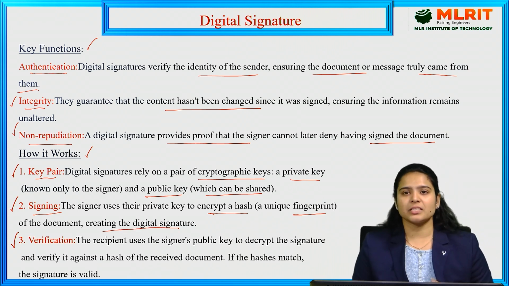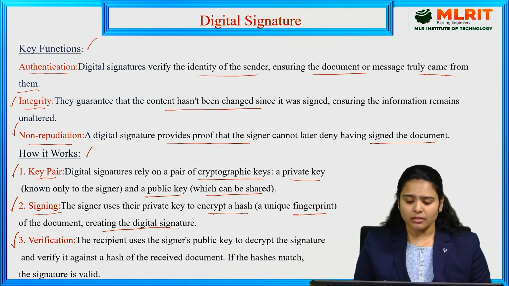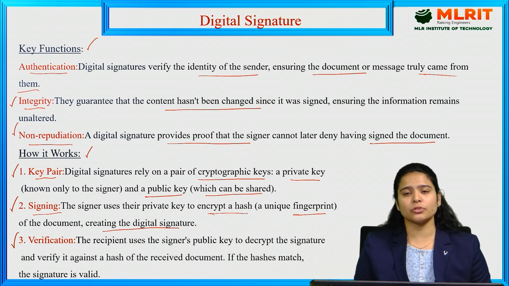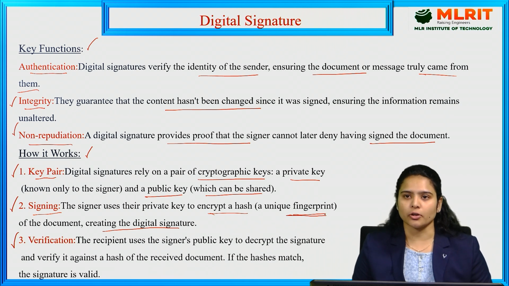For example, on our mobiles we keep passwords, face recognition or fingerprints, based on Android or iOS. Like that, in the digital signature also, they use a private key to encrypt the hash, the unique fingerprint of the document, creating a digital signature.